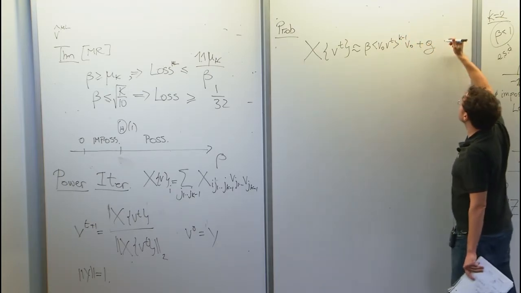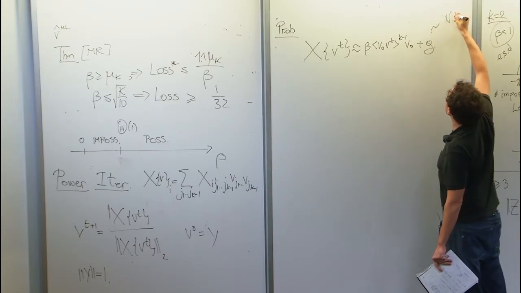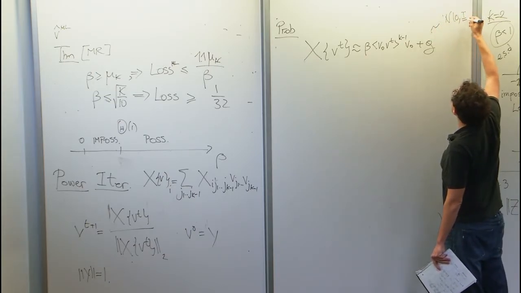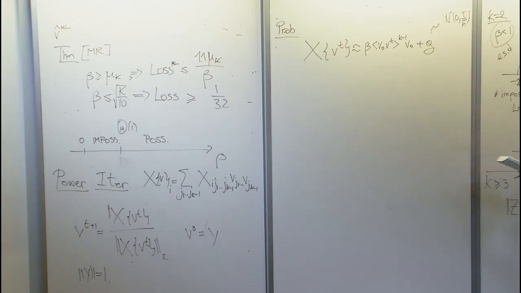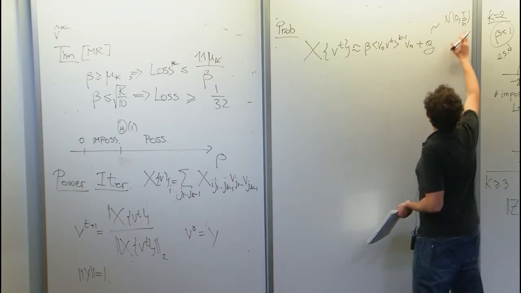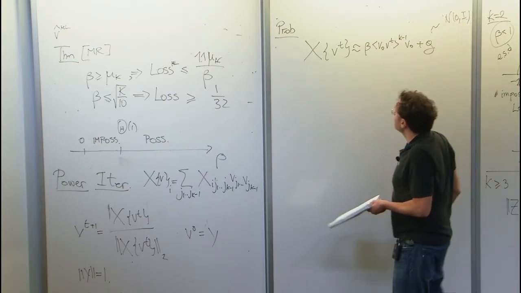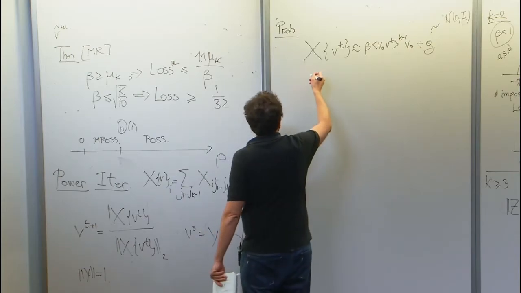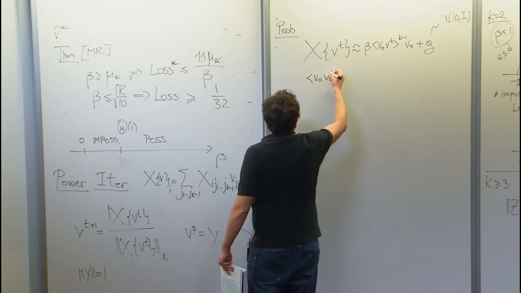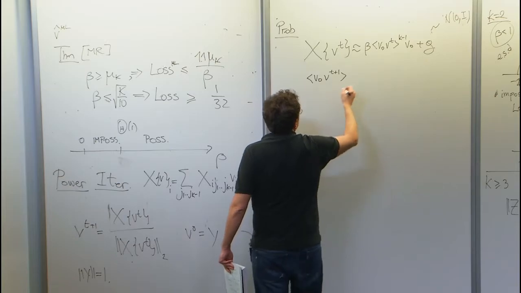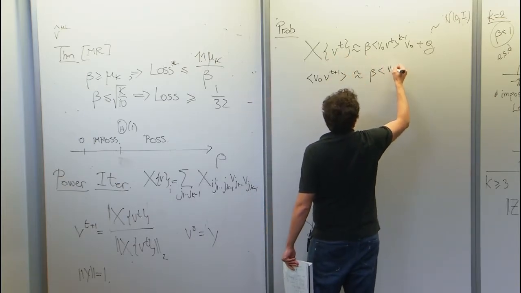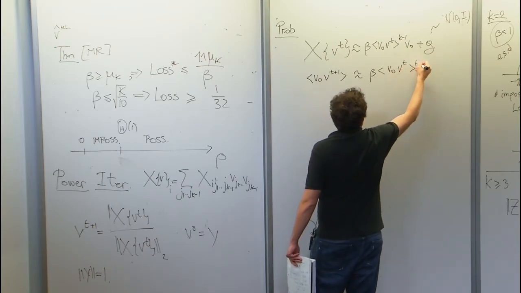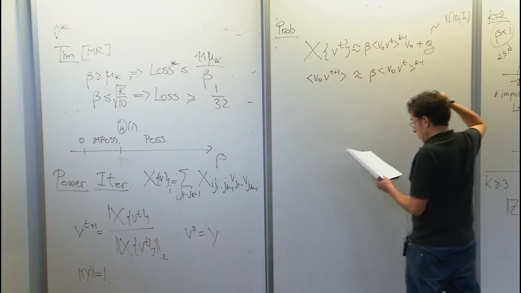Now the beauty of my normalization is that this g is normal 0 identity over n. And then, this means that <v0, v^{t+1}> is basically beta times <v0, v^t>^(k-1) plus a small error.